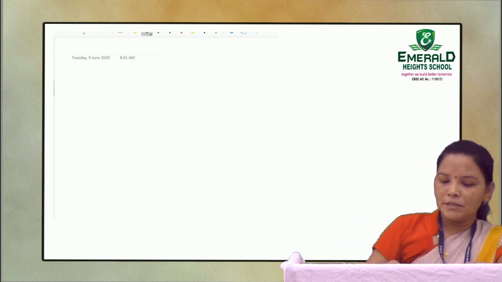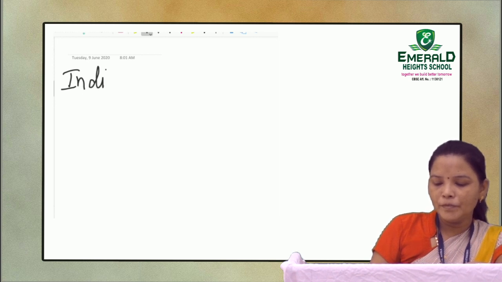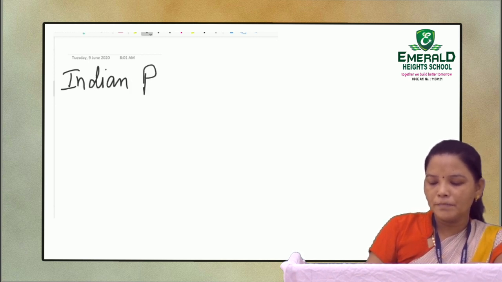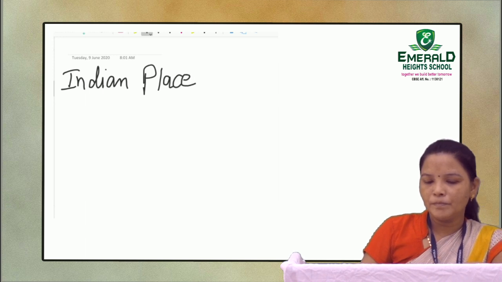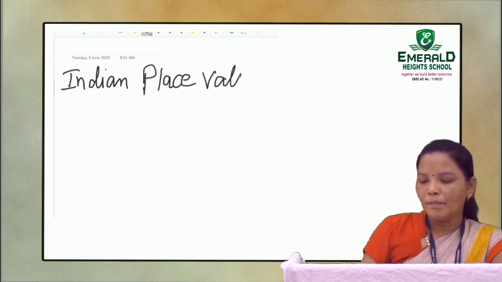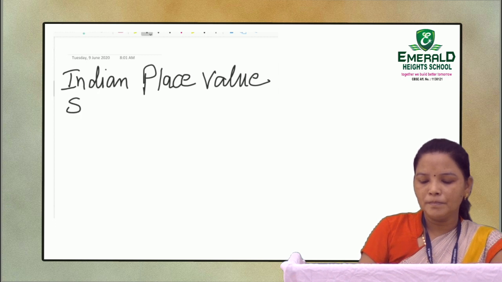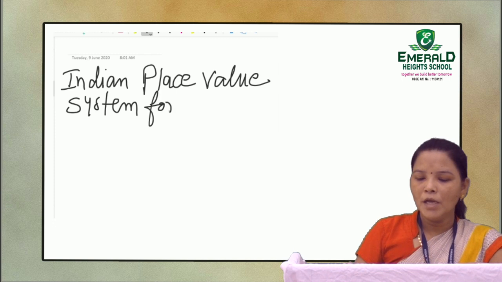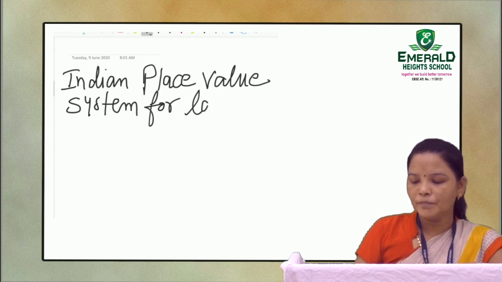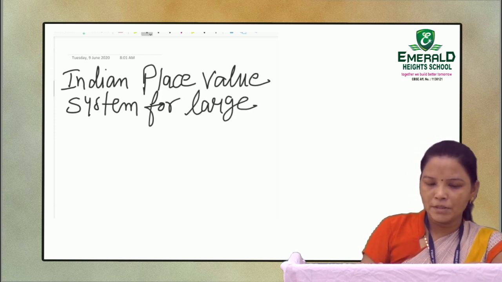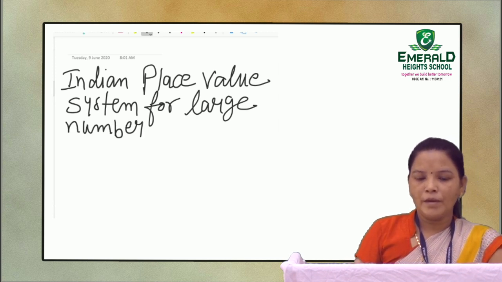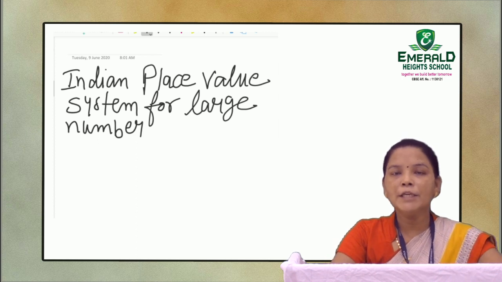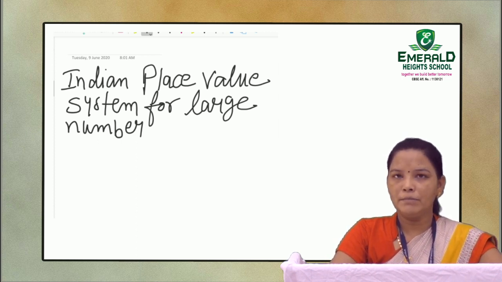So now just see here, that is the Indian place value system for large numbers. That is for 7-digit numbers, 8-digit numbers and 9-digit numbers.